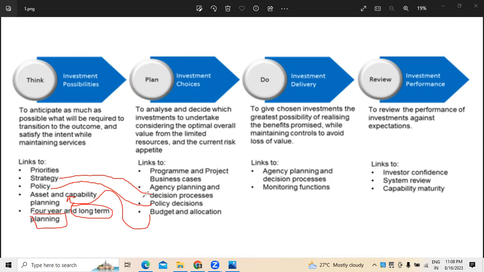Now, if you want to do agency planning and the decision making process, we have to assess the current risk appetite of an individual who is planning to invest. But at the end of the day, this risk appetite must have a connectivity to the budget allocation.